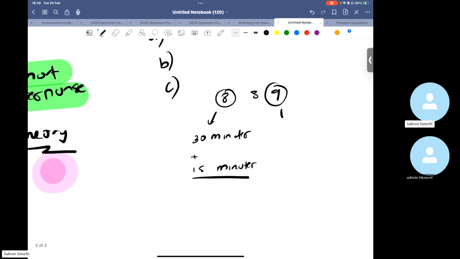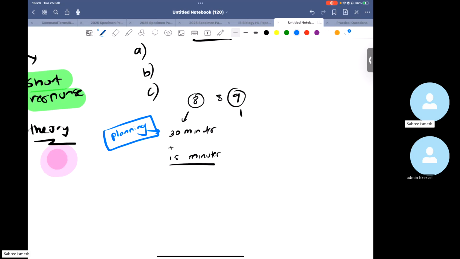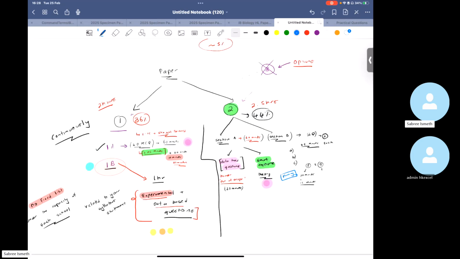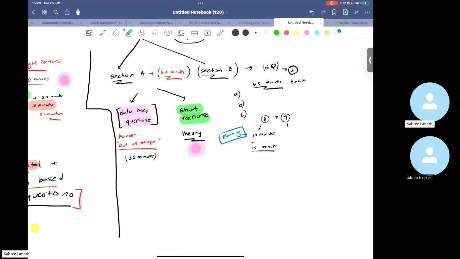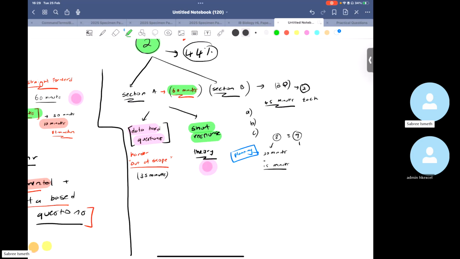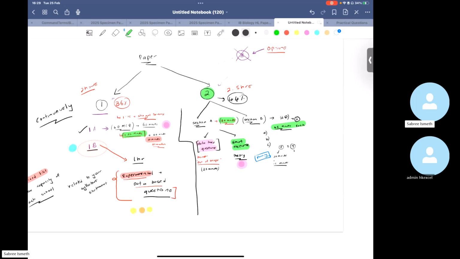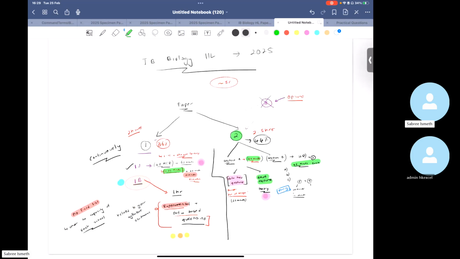Inside these 15 or 30 minutes, you also have a section called planning, which you can elaborate further on, how you would plan your answer and then answer it. Paper 2 is usually daunting, so it's good to keep check of your time. It allows you to plan your paper more smoothly to answer the overall IB exam.